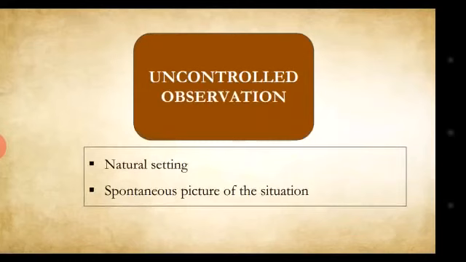We cannot exercise any control over the things or objects there because it is not a laboratory. Since it is the external world, we cannot create an environment where everything is under our control. So when my research demands such observation, I have to wait for the spontaneous picturization of the situation to take place.